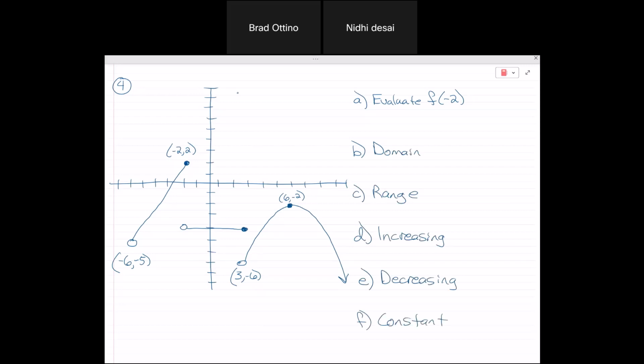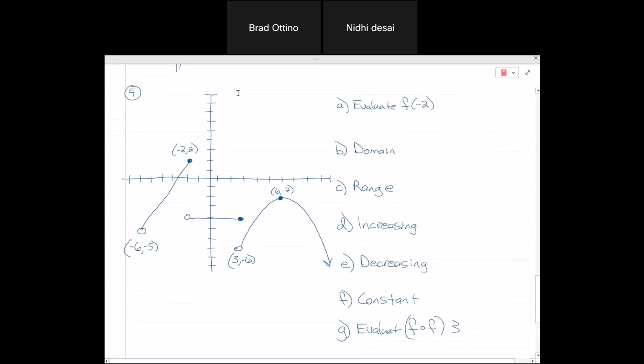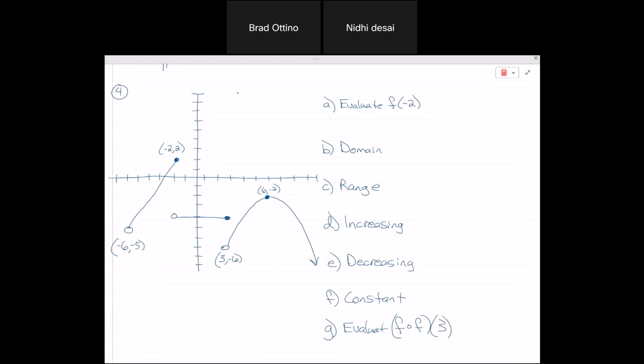And then the last question I'm going to ask you is to figure out what f of 3 is. Okay, so take a couple minutes, just make sure you have all that down accurately, and then we'll go through this.